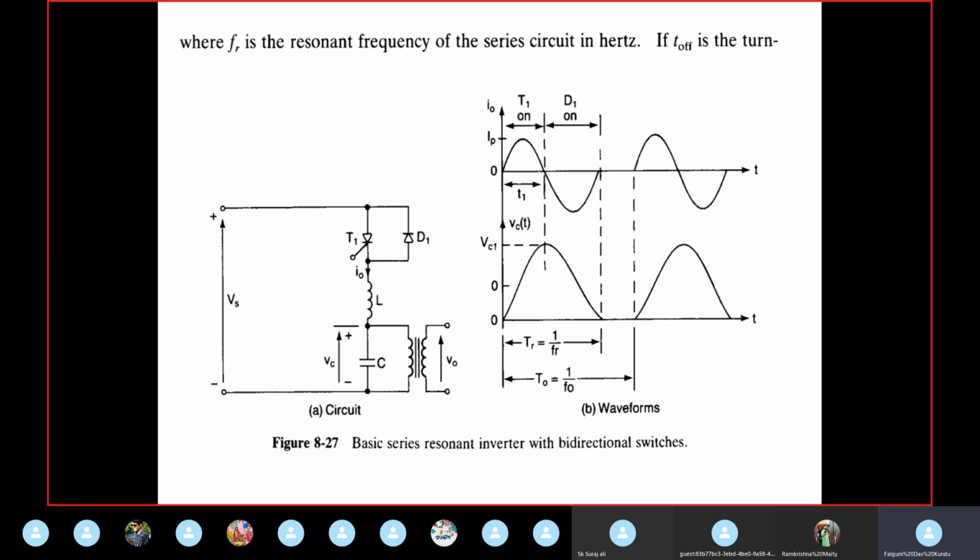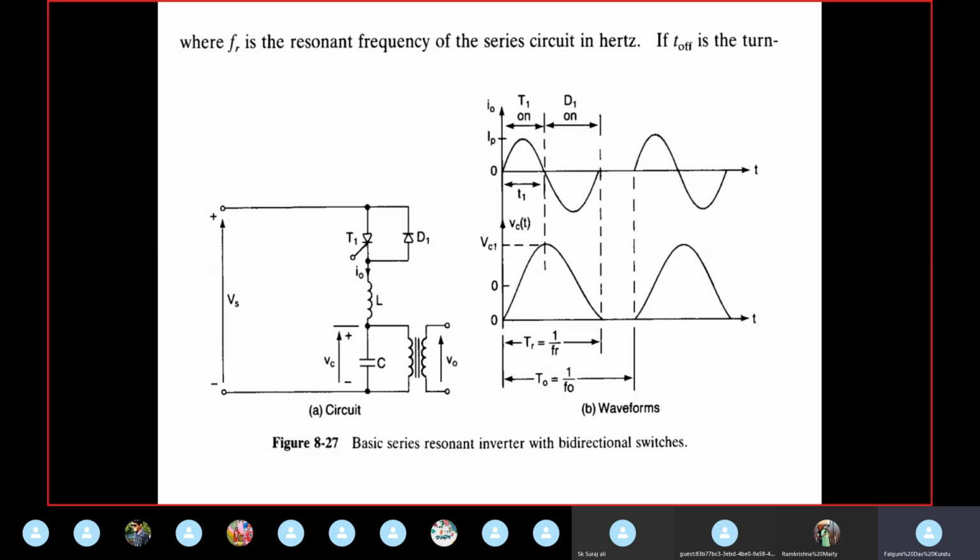Okay, so here we see that in case of resonant inverters with unidirectional switches, the power devices have to be turned on in every half cycle of the output voltage, and this limits the inverter frequency and the amount of energy transfer from the source to the load.